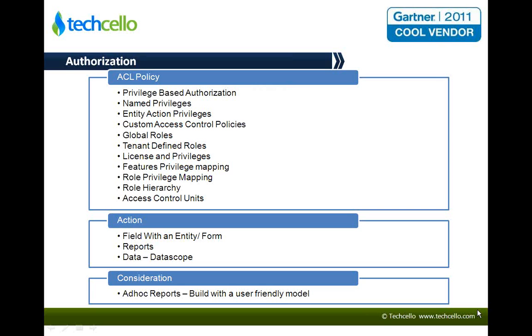Then looking at authorization, we also saw that having a flexible access control policy is mandatory. So what does it mean? You need to let your tenants define what they want in the system.